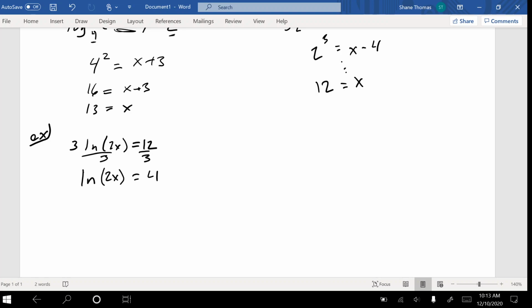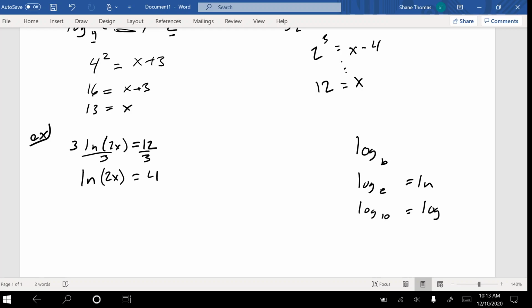Remember that? The log base e is the same as the natural log, and the log base 10 is the same as a common log. Remember doing that? Okay, so let's rewrite this guy.